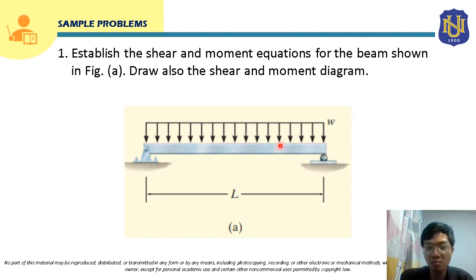This beam has a length L, and it carries a uniformly distributed load with an intensity of W. Now we are going to establish the shear and moment equations, and we are also going to draw the shear and moment diagram.